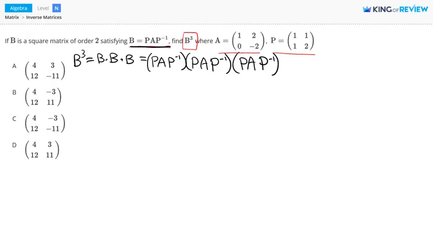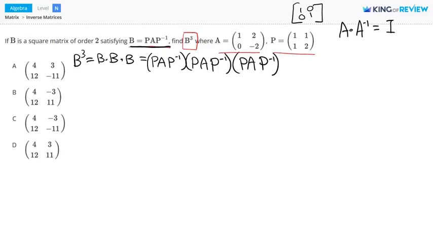So before we go on, I want to remind you that if we have matrix A times its inverse, A inverse, this is going to equal the identity matrix. Now, if you remember, the identity matrix has 1s in the main diagonal and 0s elsewhere.